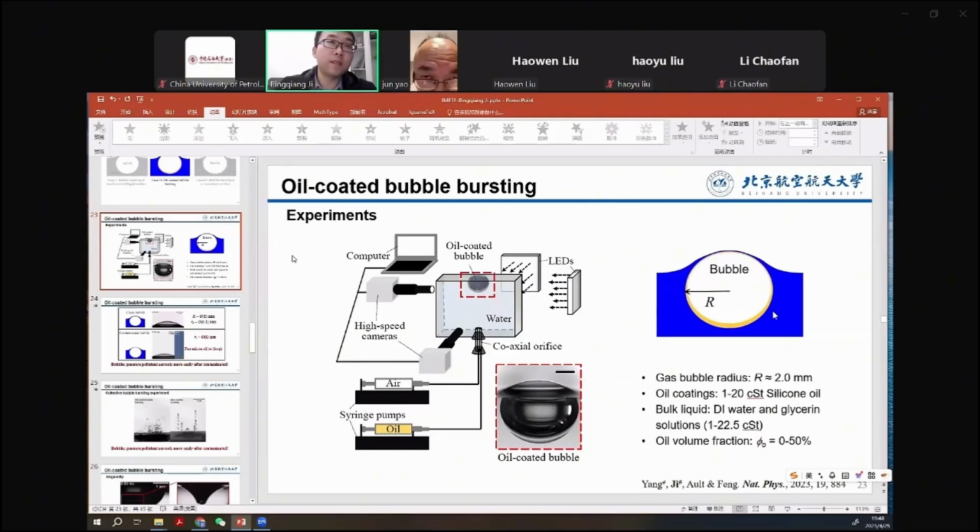But in some cases you can find that the bubble oscillates and bursts. So we just neglect this data. We just study the bursting of a static bubble.